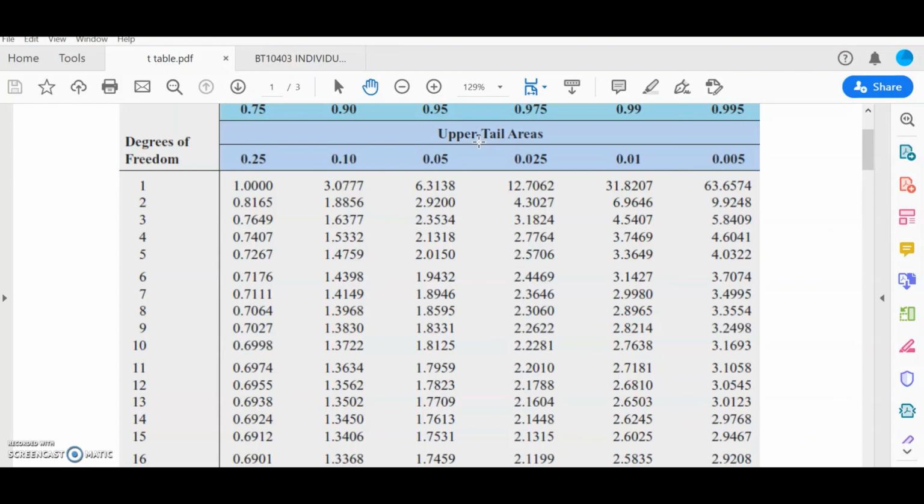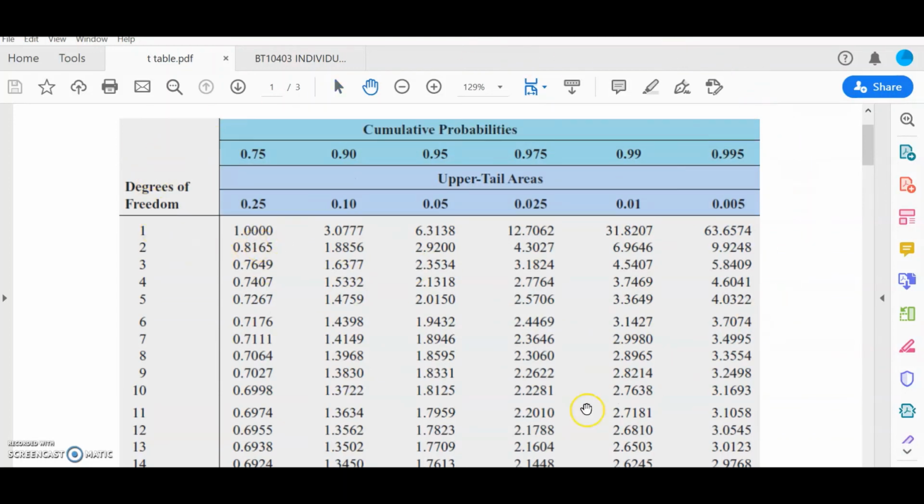On the other hand, just like the t-table distribution that we have in this session, since this t-distribution table provides the upper tail areas, in that case we have to divide the significance level by 2. So significance level 10% divided by 2, we have 0.05.